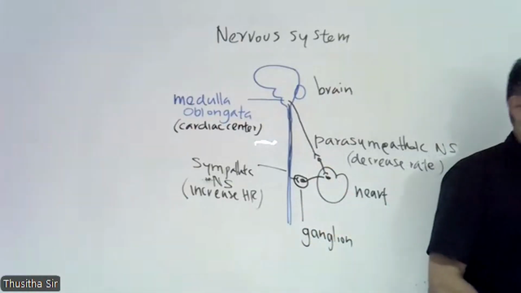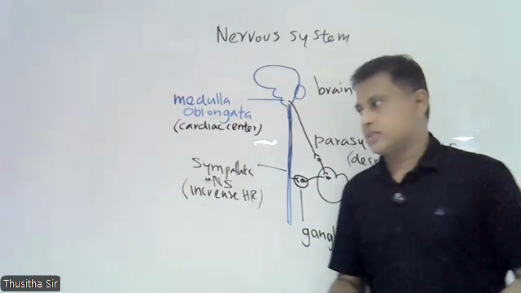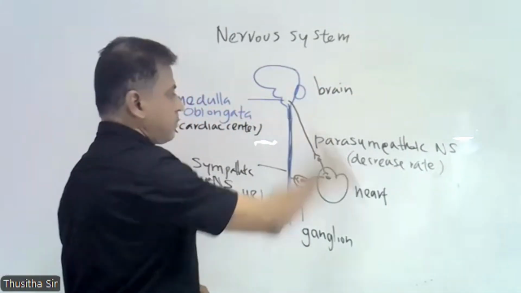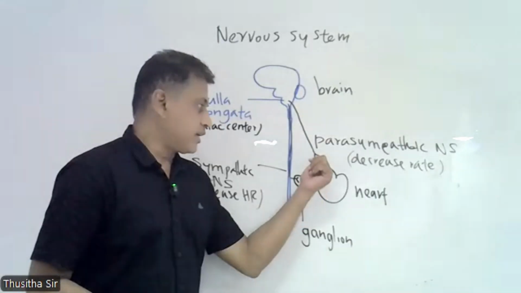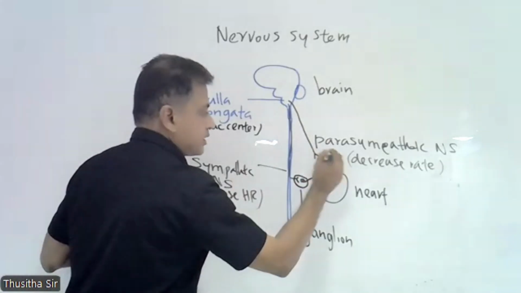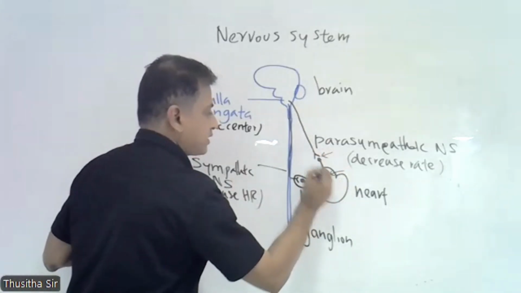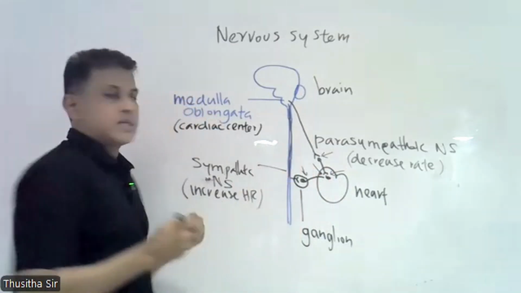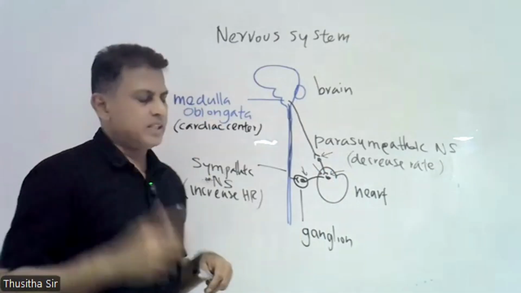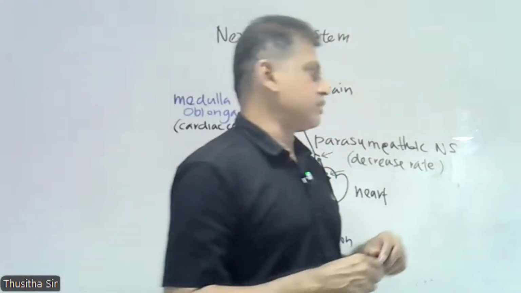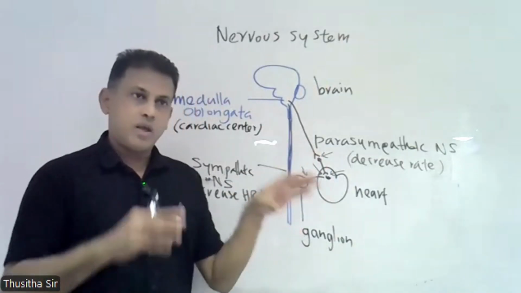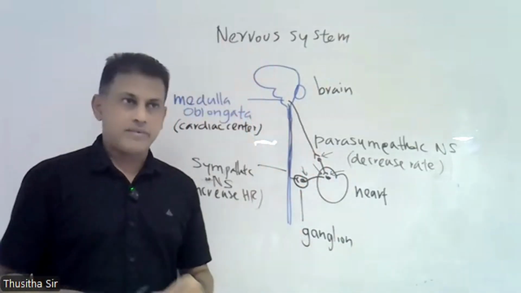So mostly we're going to learn these chemicals in the nervous system topic, but the sympathetic nervous system and parasympathetic nervous system use different chemicals, here and here, like this point and this point, they secrete different chemicals to activate it. So we will learn it in the nervous system. I'm not going to write it now. This is the main circuit which increases, and after that decreases heart rate.